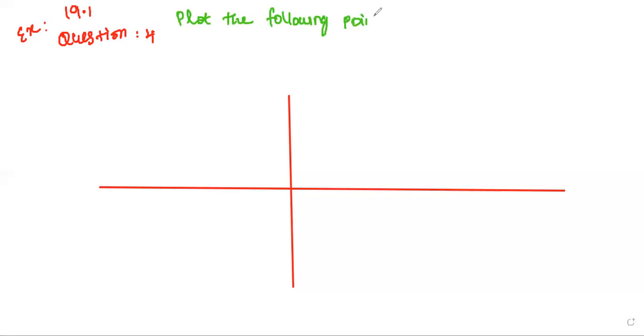Please note it down simultaneously on the same graph paper. Please do it in the graph book. The last class itself I told you to maintain it. Please use it in the graph.